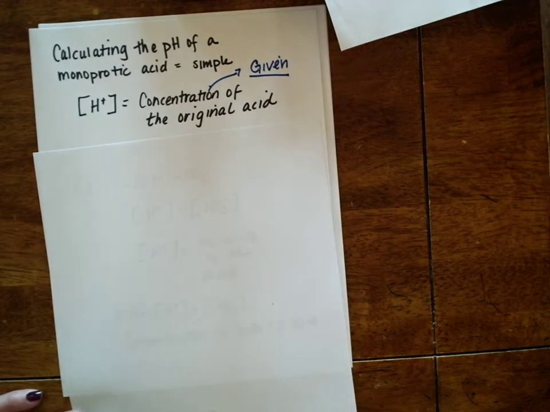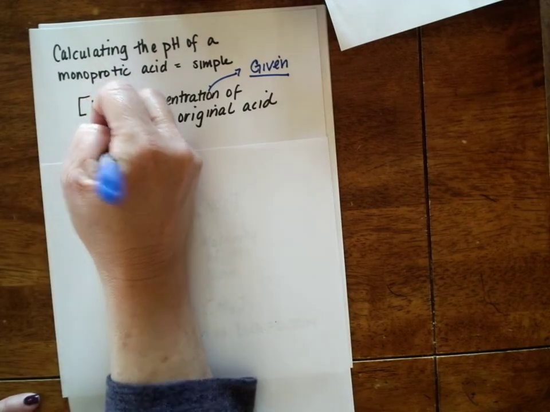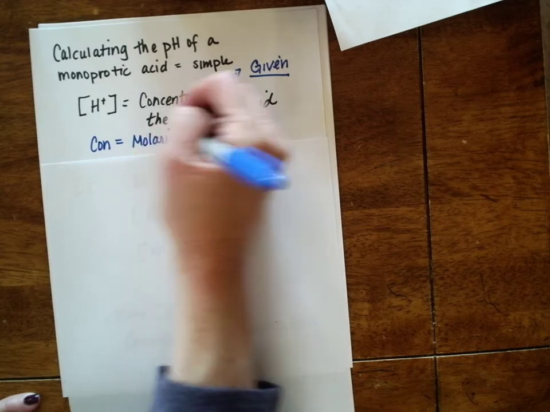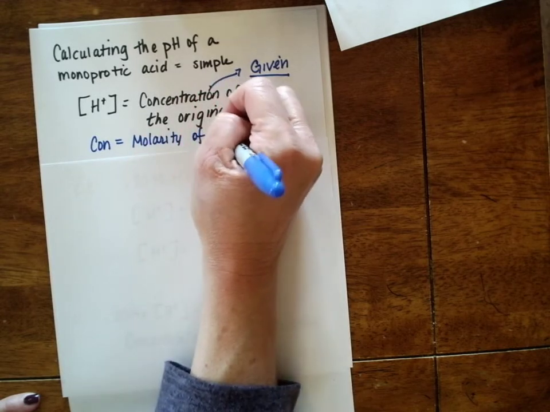The concentration is usually given. Now, there might be a case where you're told like 15 grams of this is diluted in 1,000 milliliters of water. Well, then we just go back to our old molarity, grams per mole, and we figure out the molarity of the solution, and then we move forward with our concentration, because our concentration equals the molarity of solution.